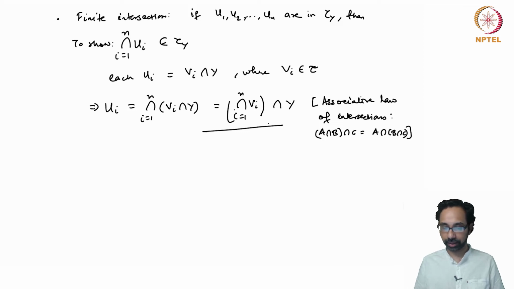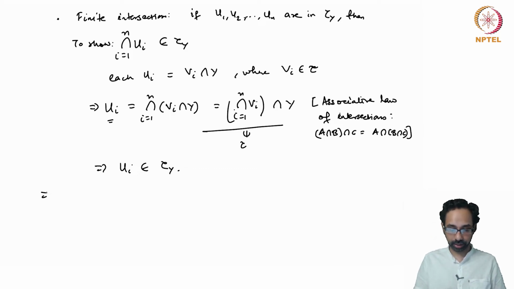So again we have written it in terms of an open set. Remember that each vi is open in tau and we are taking finite intersections, so this belongs to tau, and then we have the intersection with Y, so this implies that the intersection is in tau Y. So we have shown that tau Y is a topology on Y.